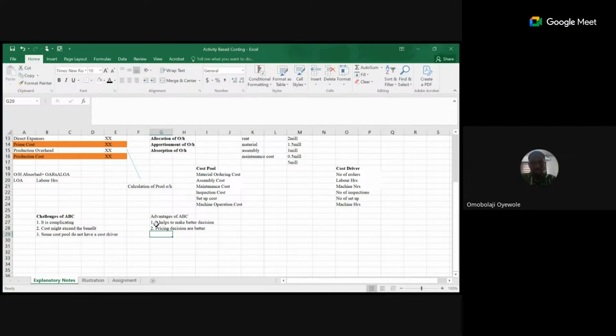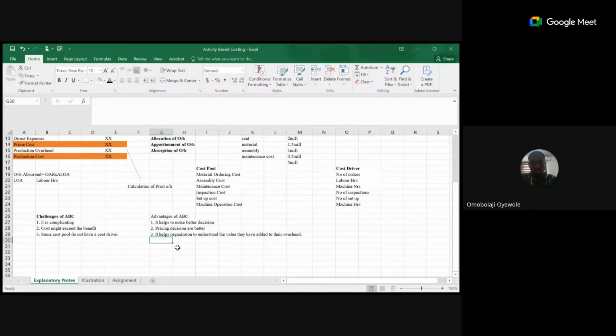And another one, it helps organizations to understand the value they have added to their overhead.